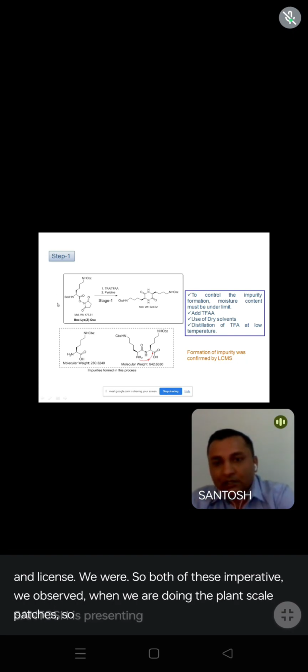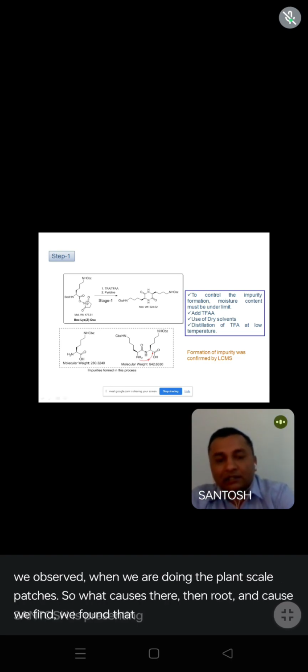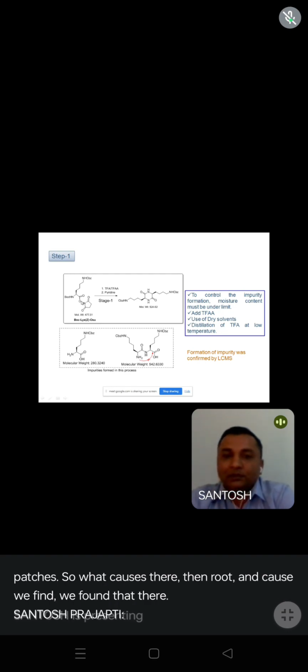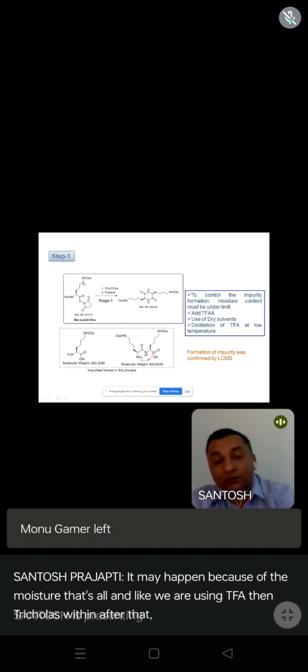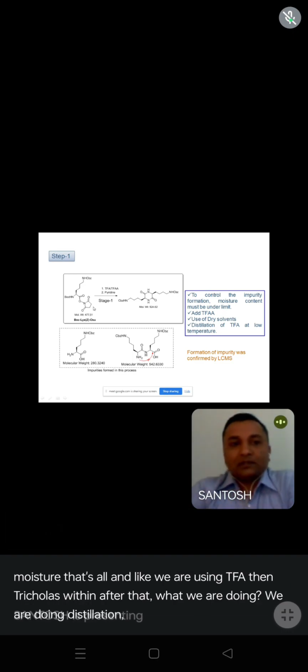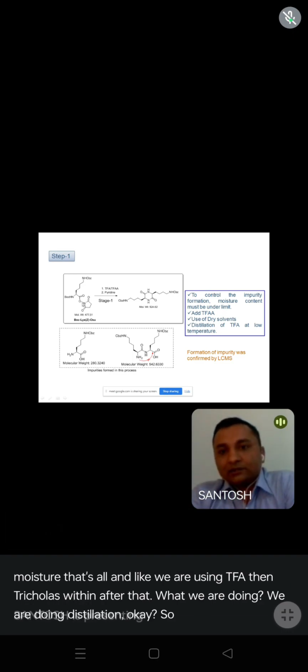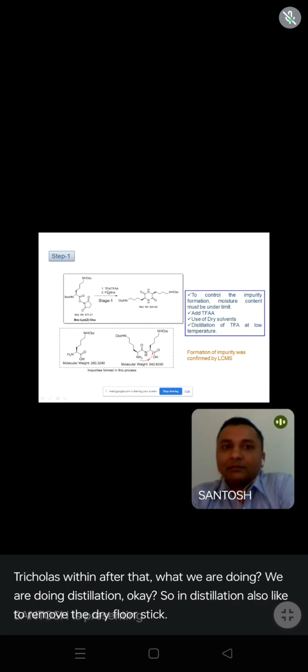So what was the cause? Then the root cause we found was that it may happen because of moisture in the solvent. We are using TFA in dichloromethane. After that we do distillation, and to remove the trifluoroacetic acid we need higher temperature.